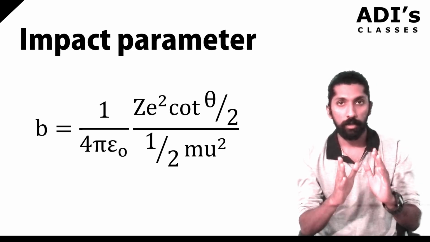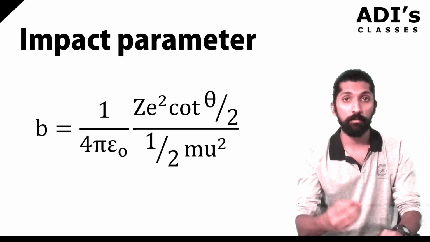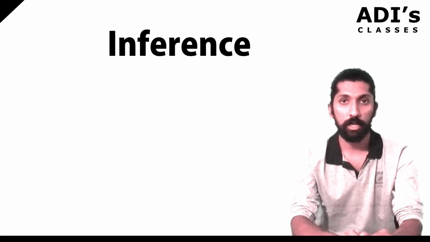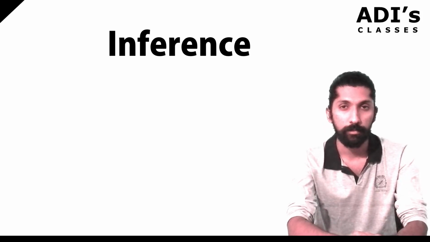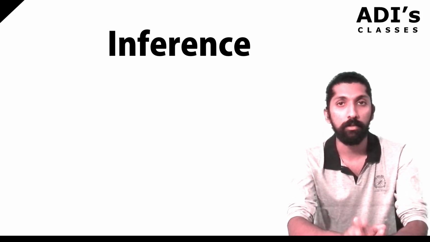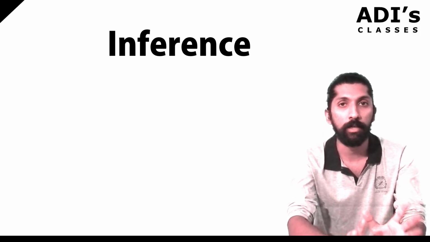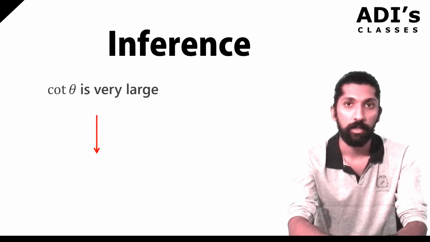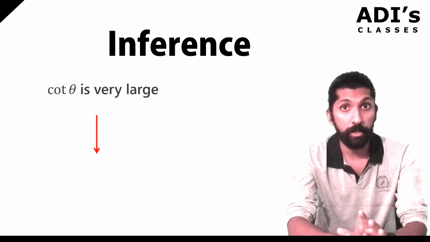Now let's see what we can infer from this. Suppose the cot theta by 2 value is very small.